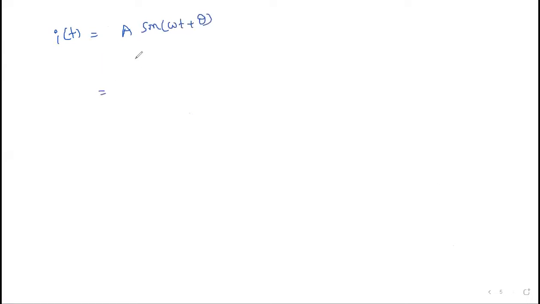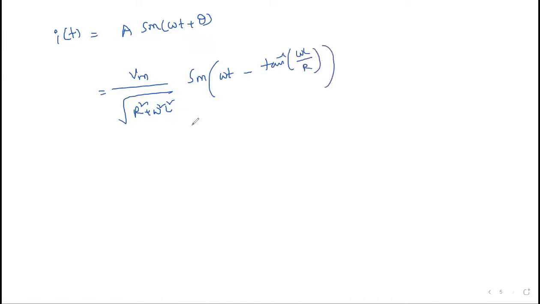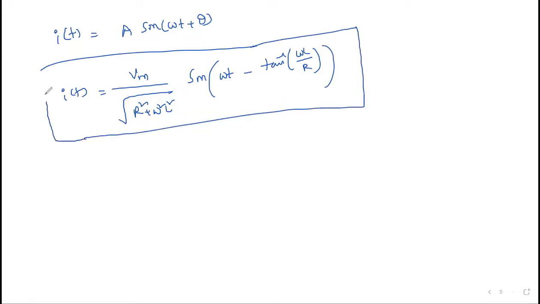Now when I substitute this A and theta, I'll get Vm by root of R square plus omega square L square sine of omega t minus tan inverse of omega L by R. Right? This is the current. This is the equation, the response of the RL circuit when you apply the sinusoidal function as the input.